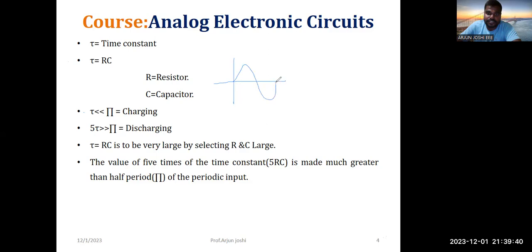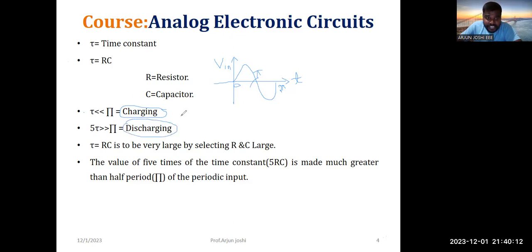This is the input: the AC input voltage, with 0, pi, 2 pi, that is 360 degrees. Pi is 180 degrees. From 0 to pi, it is the charging condition. From pi to 2 pi, it is the discharging condition.